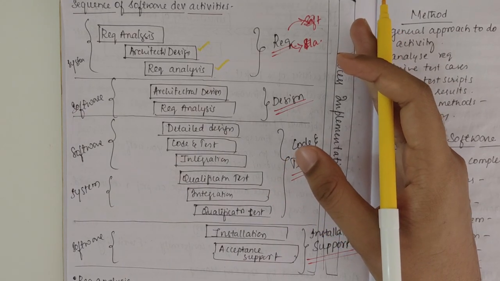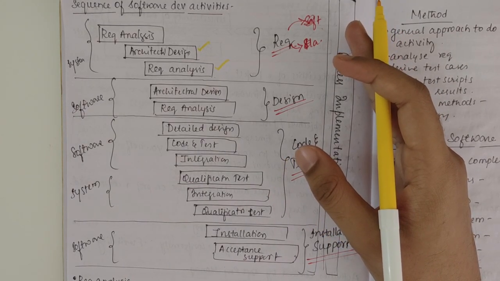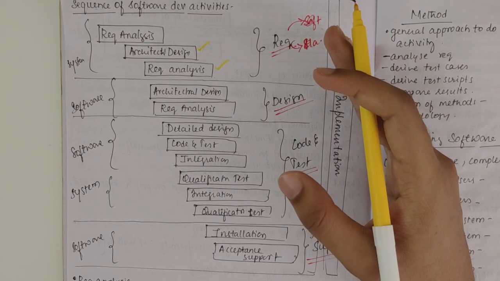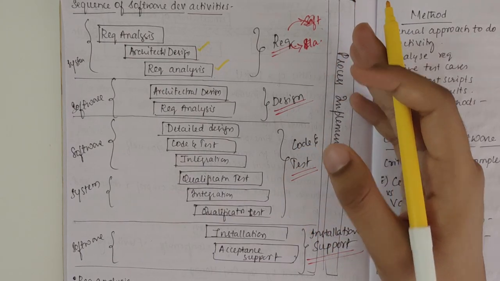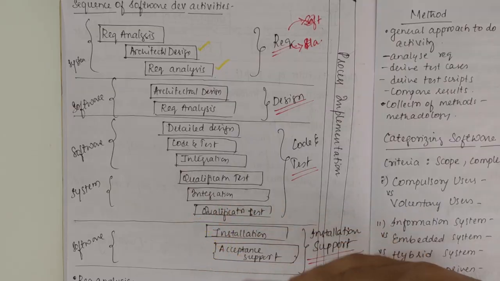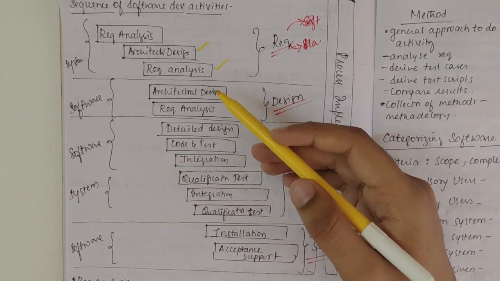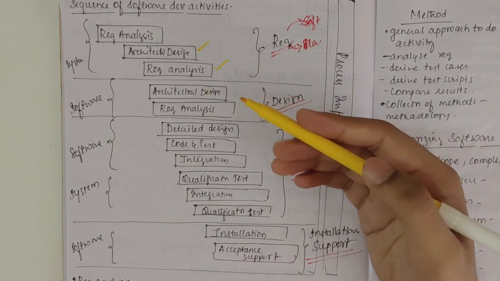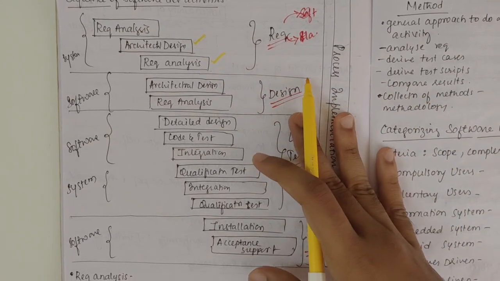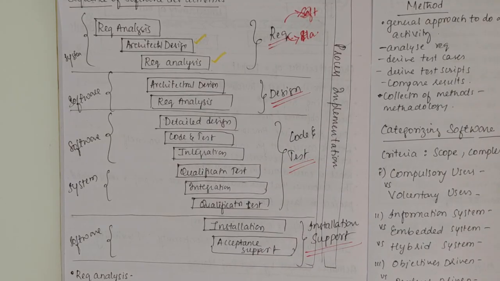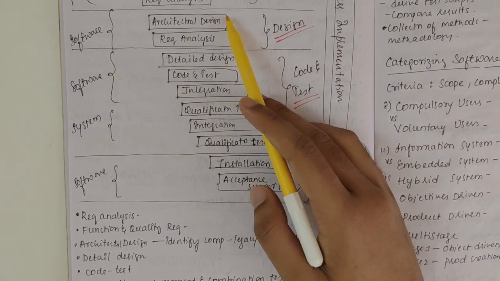System architecture design is where we design the internal architecture of the system, like how the software and non-software components would be connected, how it will work, and all of that. Then we have the requirement analysis, that is the first point which we have discussed: elicitation, gathering, validation, negotiation, and all of that. Then we have architectural design here.